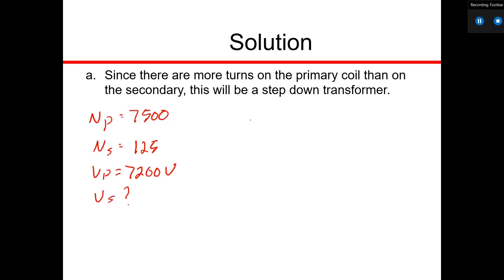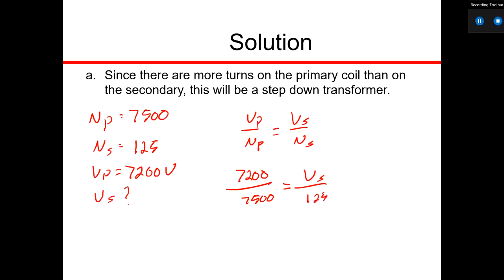Using our equality from the magnetic flux equation, we set up Vp over Np equal to Vs over Ns and fill in the numbers: 7,200 over 7,500 is equal to the secondary voltage over 125. Rearranging, we get a secondary voltage of 120 volts.